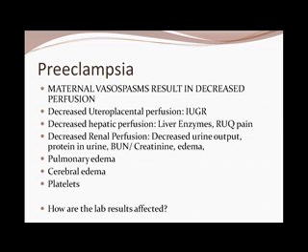In addition, there's decreased hepatic perfusion to the liver. So what would you expect to see on labs regarding the liver enzymes? We would expect to see that there may be elevations in ALT and AST. Those are the liver enzymes. In addition, she might have some right upper quadrant pain related to the decrease in flow to this area and obstructed flow to the liver.